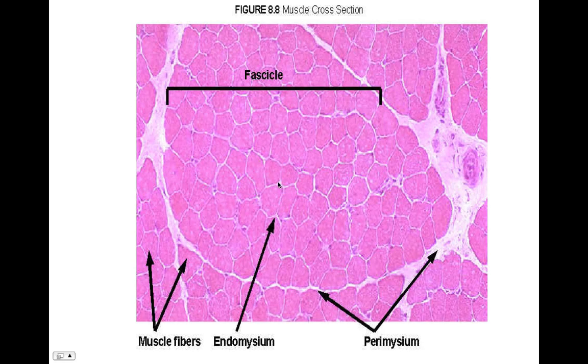And in between the muscle fibers, this white stuff is what? Endomysium. And then we are going to wrap a bunch of muscle fibers with a thicker connective tissue called perimysium. Here's the perimysium going around, and the perimysium is making what? This fascicle.